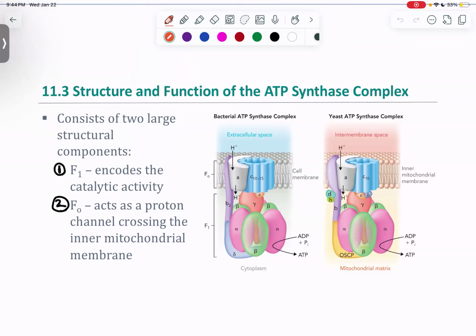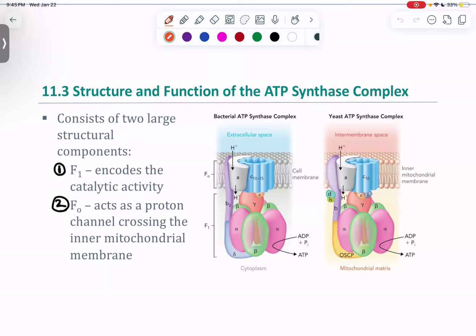So we're going to talk about it in terms of its arrangement of polypeptides and how the conformational change in this protein and in these polypeptides results from the movement of the protons from the intermembrane space down into the inner matrix. We're going to talk about how that proton motive force controls ATP synthesis. And it's really, really, really cool.